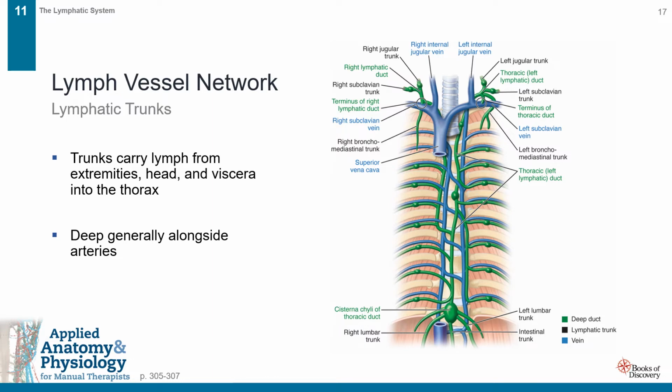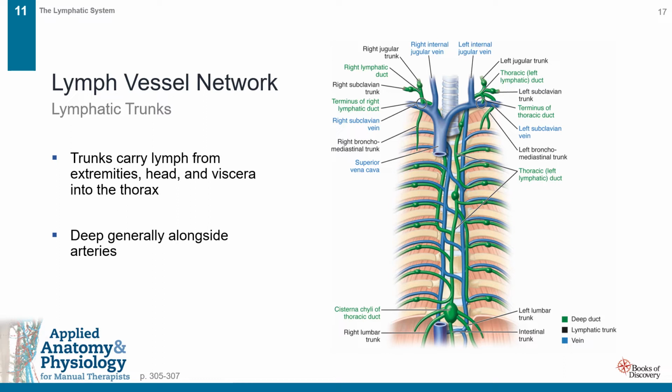The lymphatic trunks empty lymph into one of the two largest vessels in the lymphatic network, the right lymphatic duct or the thoracic duct. Like the lymphatic trunks, these ducts lie parallel to major arteries and are situated deep within the tissue or ventral cavities.